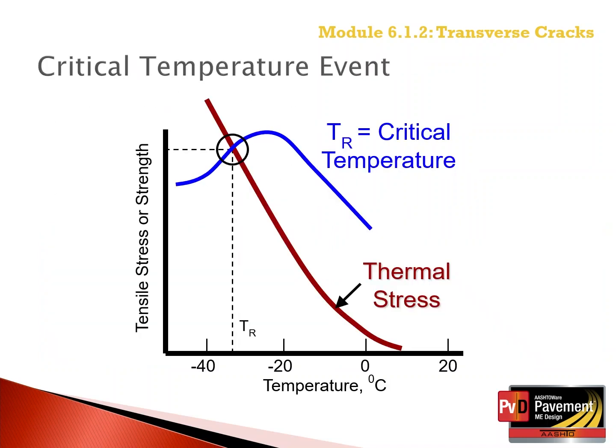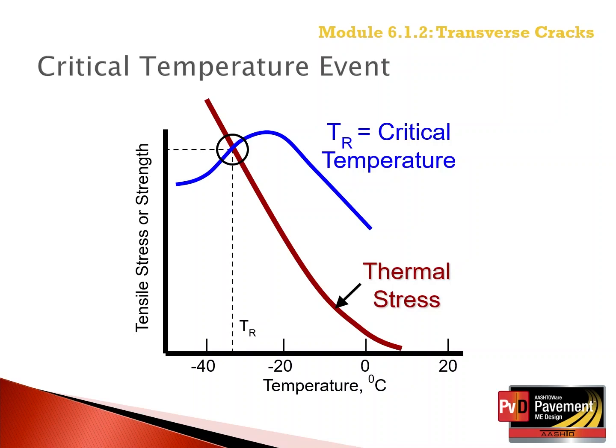This slide graphically illustrates the increase in tensile strength and tensile stress as the temperature decreases. A crack occurs when the tensile stress exceeds the strength. Microcracks begin to occur between the asphalt binder and aggregate at very low temperatures that affect the adhesion and strength of the mixture.